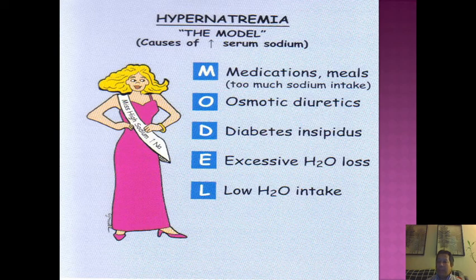Diabetes insipidus. If you're not familiar, diabetes insipidus is an endocrine condition where the patient has less secretion of a hormone that helps in maintaining body fluids and preventing too much loss of body fluids.